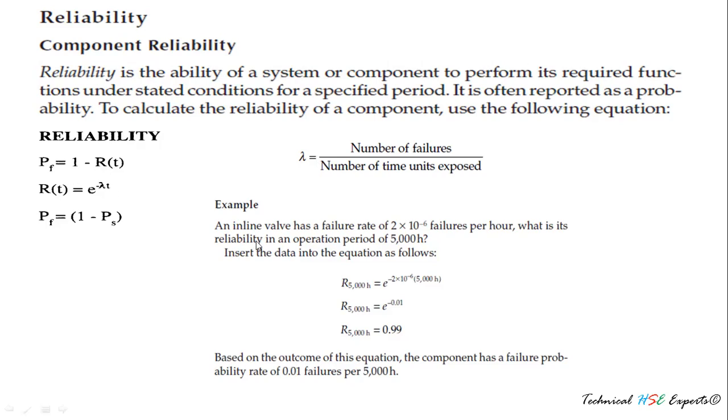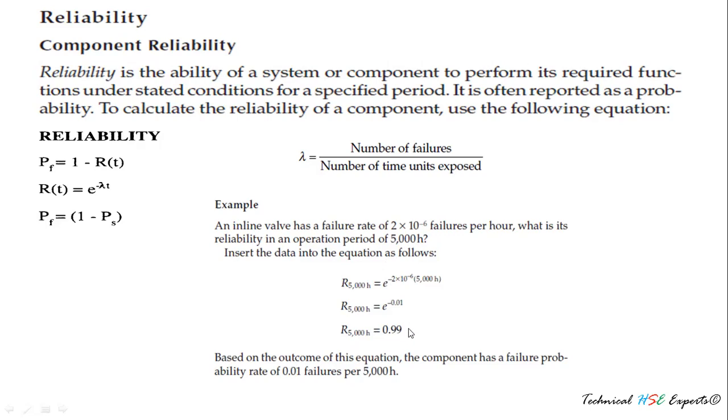Here there is an example for us. An inline valve has a failure rate of this much value. What is its reliability in an operation period of 5,000 hours? It has a failure rate and continuous operation, so directly apply the formula and you will end up with the value. Reliability is almost 100%.